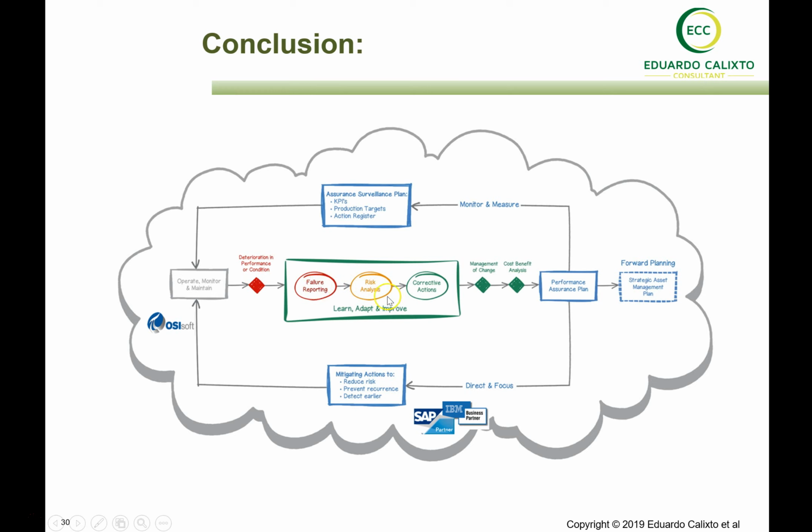You put it in the failure report, you prioritize the risk, you propose corrective actions, and together with some management of change, you assess all such issues in cost benefits, and this will be part of your performance assurance flow that will need to be in line with your strategic asset management plan.